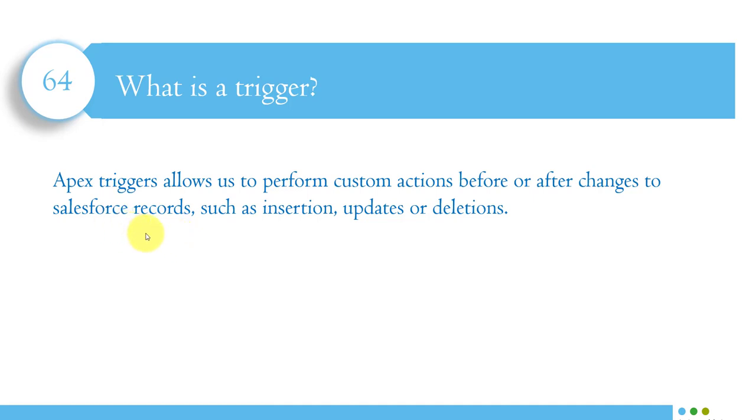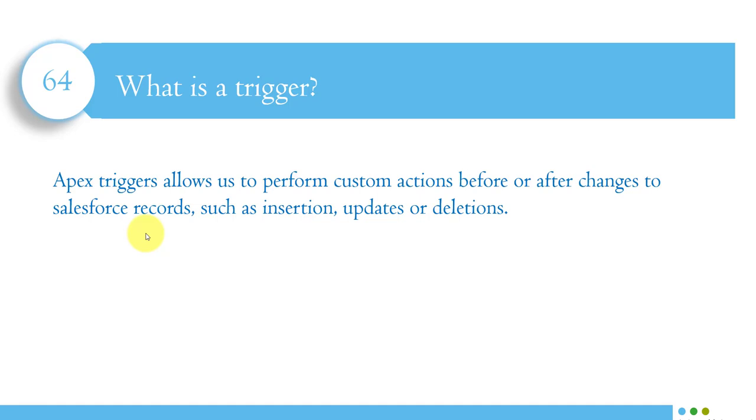What is the idea behind triggers? If someone is trying to insert, update, or delete a record, before doing that action or even after doing that action, I want to perform some more logic. Before updating a record, I want to do something. Right after updating the record, I want to do something else.